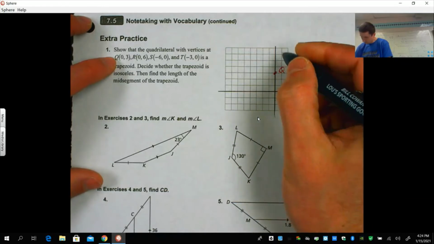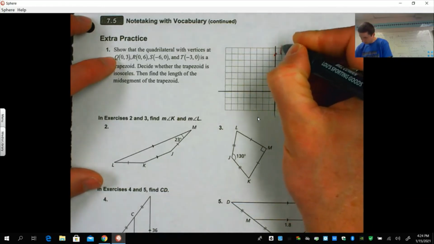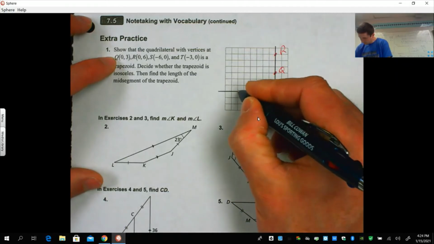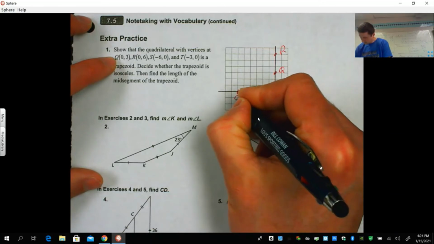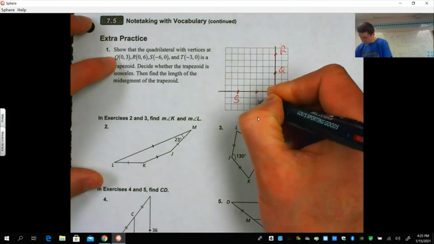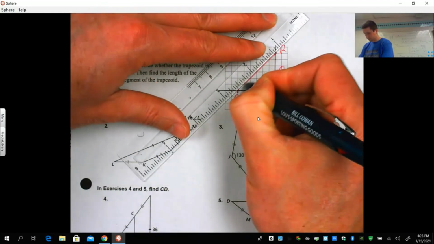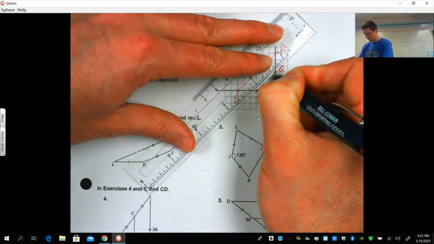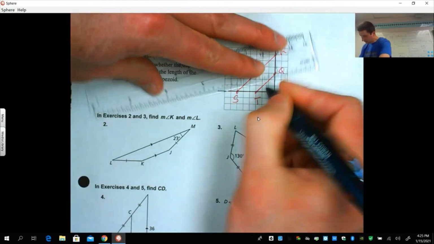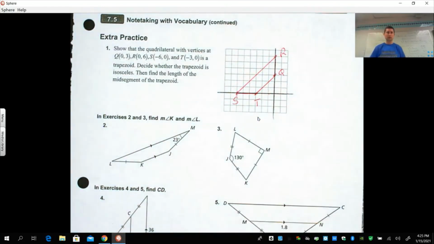There's Q. 0, 6. There's R, negative 6, 0. There's S, and negative 3, 0. There's T. Alright, so there's our trapezoid.